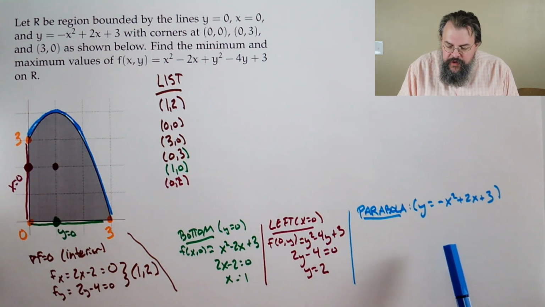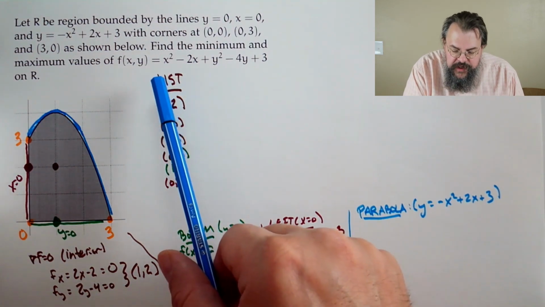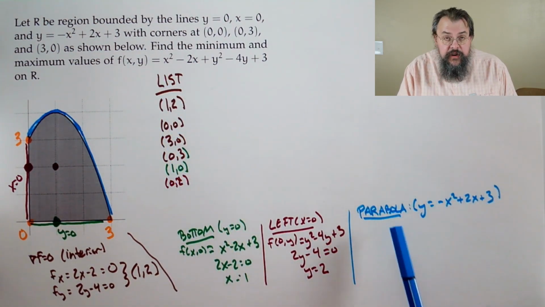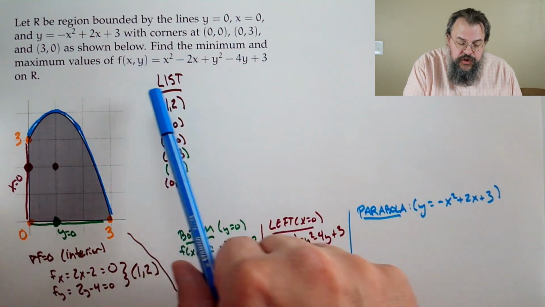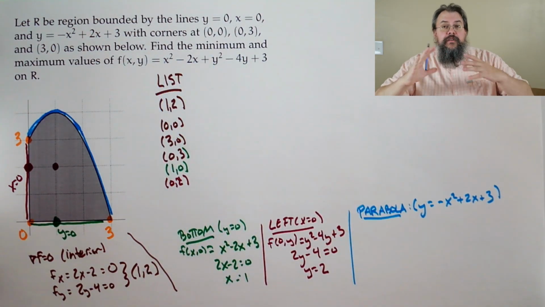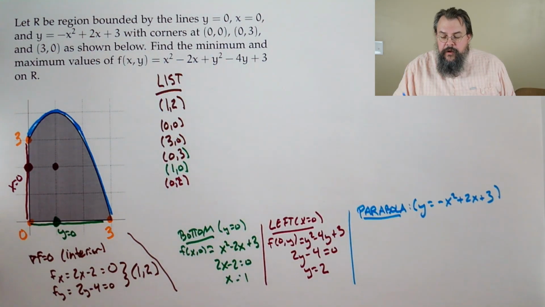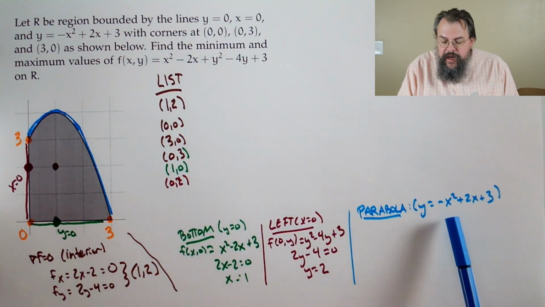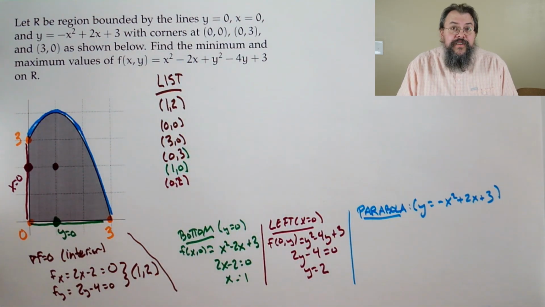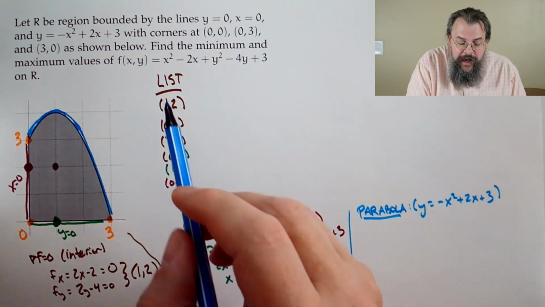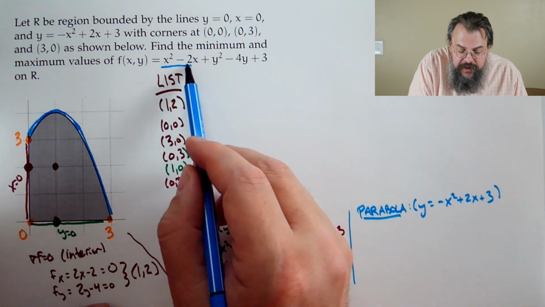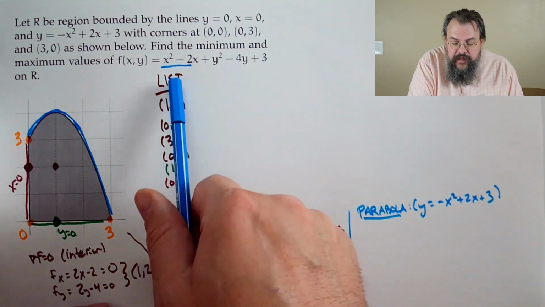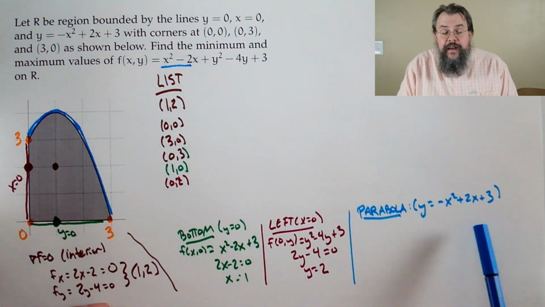So let's take a look. What do we see here? We really want to focus on our function and ask, do we see a piece of our bounding curve showing up in our function? And can we use that to knock out variables? Well, the x squared minus 2x is essentially the same as minus x squared plus 2x, just off by a sign. That says I can replace, on the bounding curve, that's the parabola, this piece by something very nice.